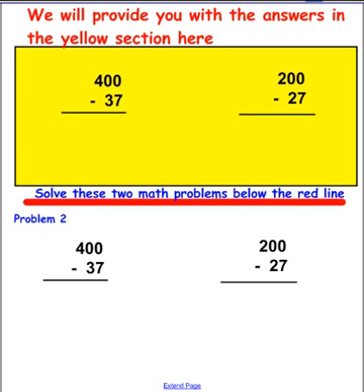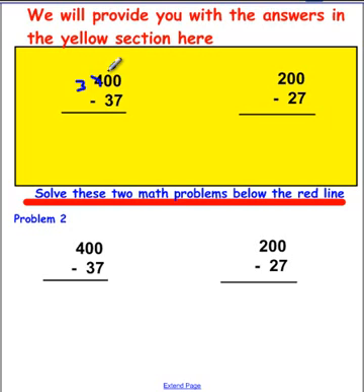Okay, let's look at this one. Rather interesting. 400 minus 37. Well, we must regroup because we know that 7 can't be subtracted from 0. And we also notice that there's nothing over here in the tens column. So what we have to do is go to the hundreds. Let's reduce that 400 to 300. And we'll move 10 tens over to here.